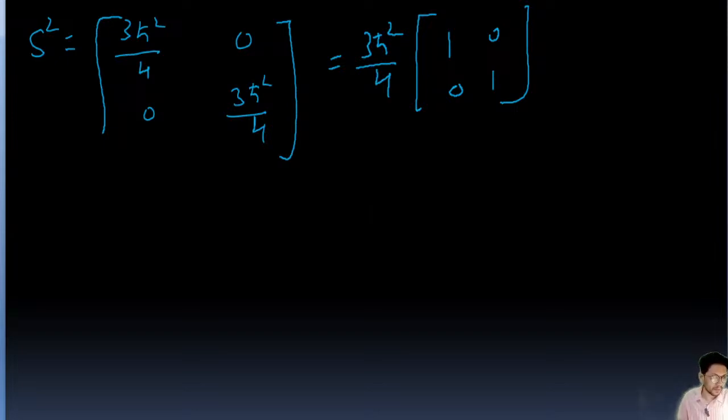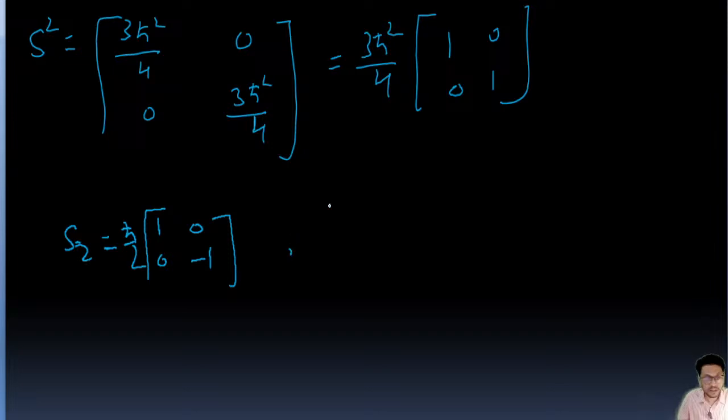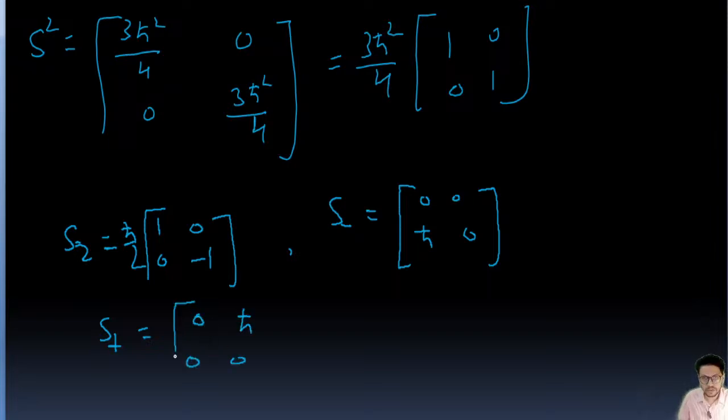Next, similarly we can get the SZ value. SZ in matrix form is 1 0 0 minus 1, and H cut by 2. Similarly, the value of S minus, you can do on your own as well, 0 0 H cut 0, and S plus is 0, H cut 0 0.